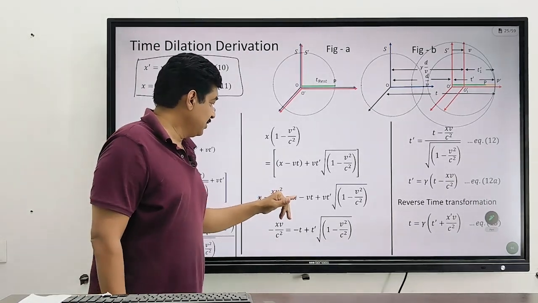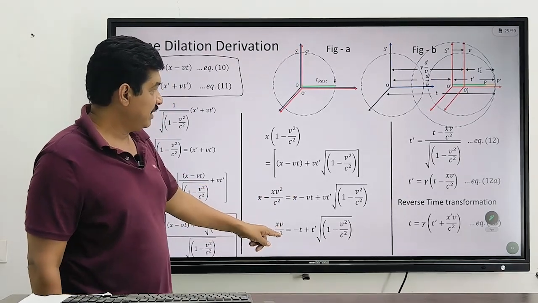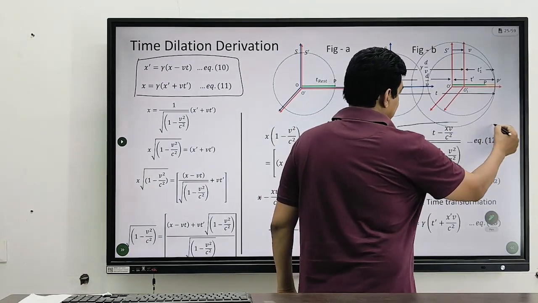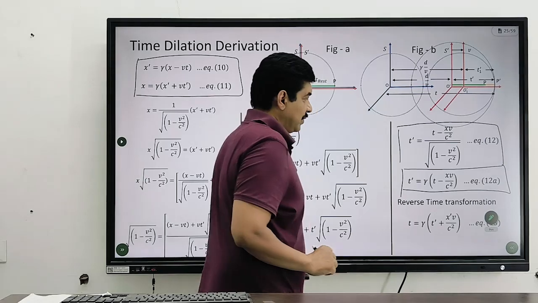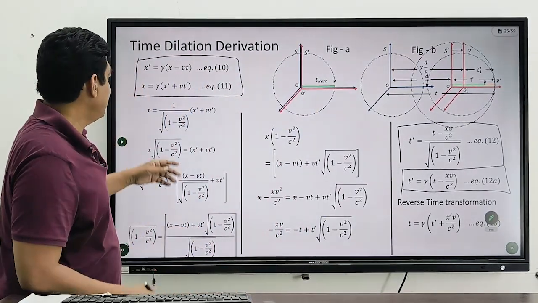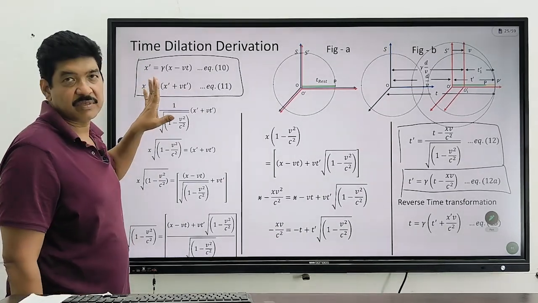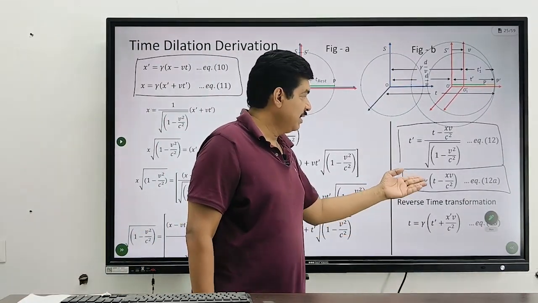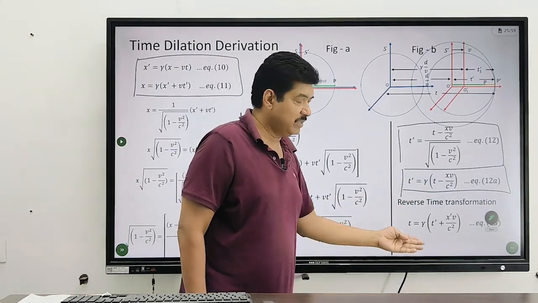They removed the value of x by cancelling from both sides, and then they got this equation. So they have done nothing much, just inserted the value of x prime using this equation and solved it. The solution is very simple. This is for the forward transformation of time, and this is the reverse transformation of time.